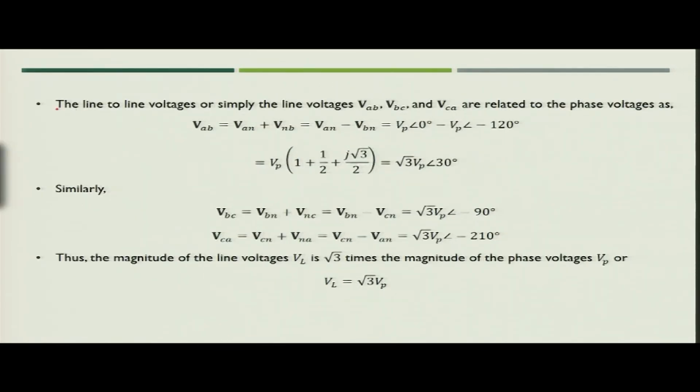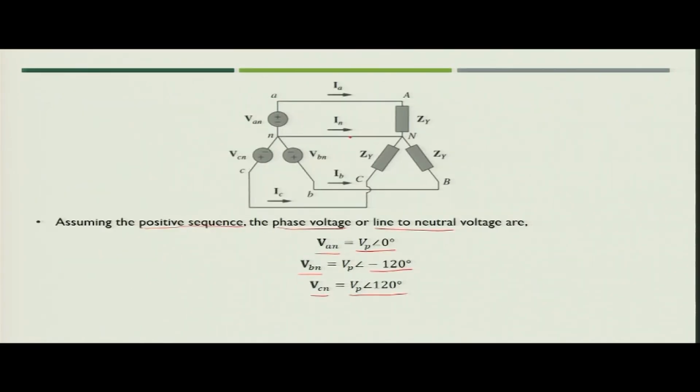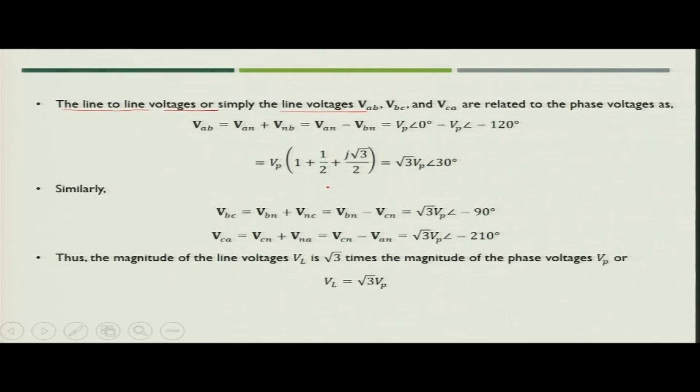Now, if we are asked to find the line to line voltage, or simply the line voltage, it would be VAB, VBC or VCA. That means VAB is the voltage between A phase and B phase, VBC is the voltage between B and C, and similarly VCA is the voltage between C and A. Now we need to find the value of the line to line voltage.